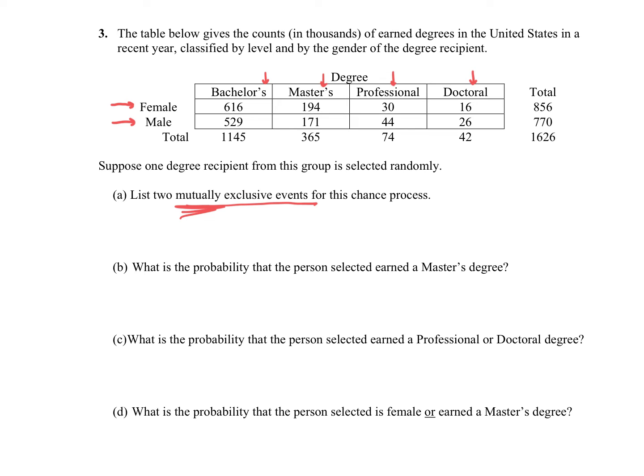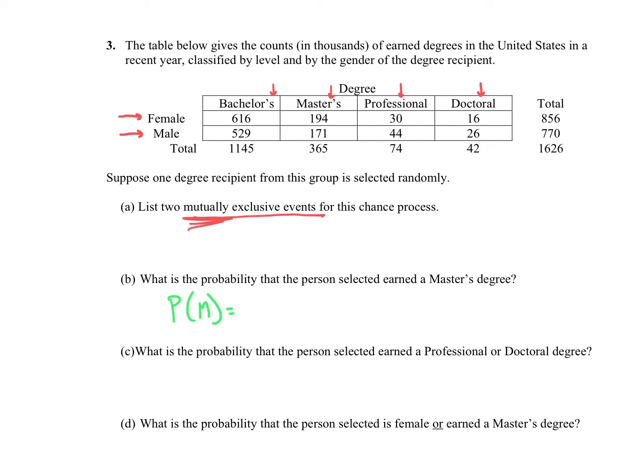What's the probability the person earned a master's degree? So here we go. Let's try notation. Probability, master's degree equals. All right, here we go. Let's look at master's degree. That's these cats here. So I'm going to go 365 total master's degree out of 1626 total people involved here, right?